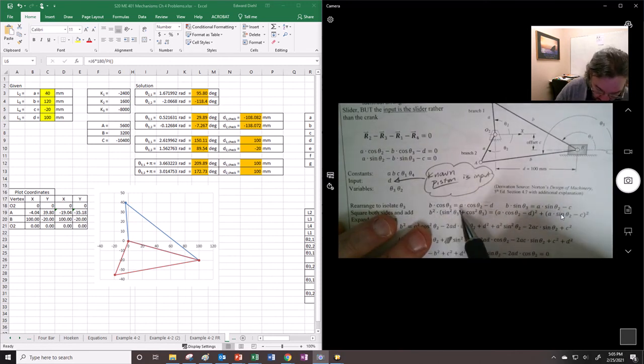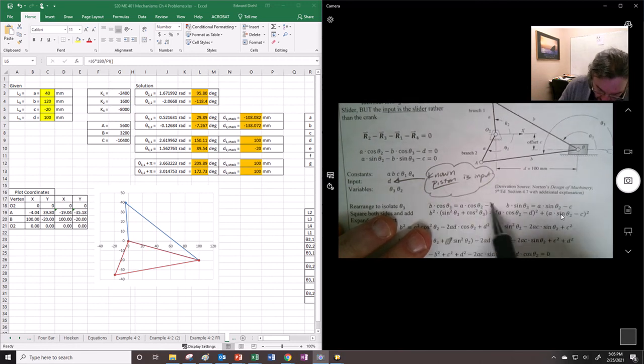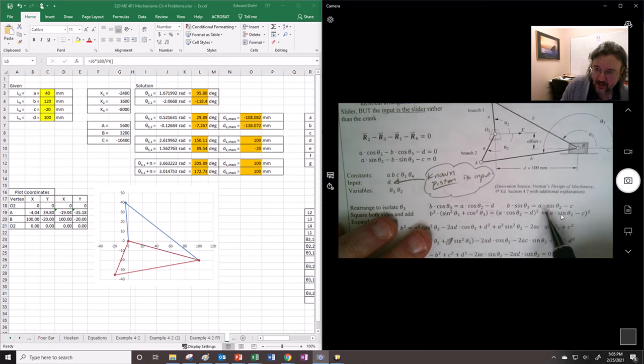So once we have theta 2, we can either use this equation right here or this equation to find theta 3 right here. So we either have a sines or we have a cosines. We don't mix the cosines and the sines up for this.